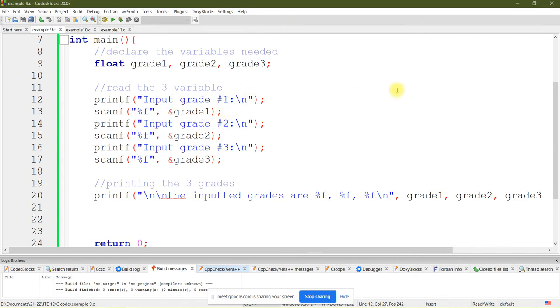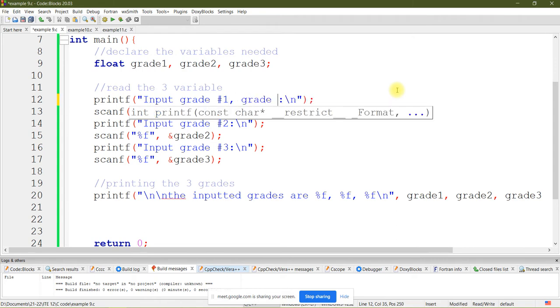So let us try. Input grade number 1, grade number 2, and then grade number 3.